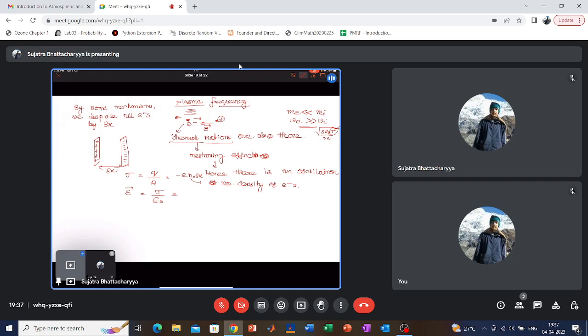This is charge per unit area only. Why? This is charge per unit volume, and this is the length, so length and volume are in the denominator, so it cancels out and we get this. So we get minus e N naught delta x divided by epsilon naught. Simple.